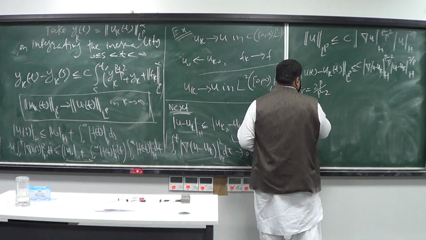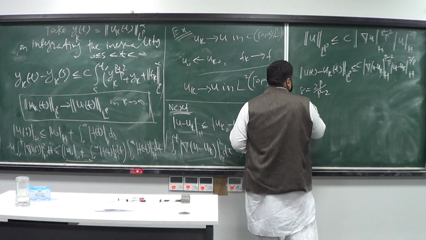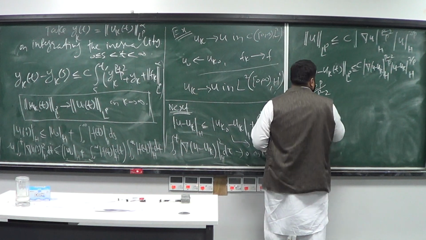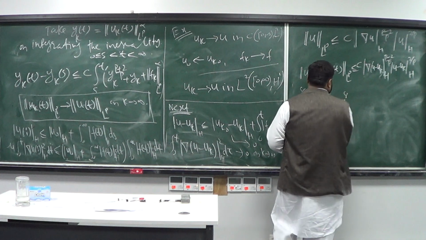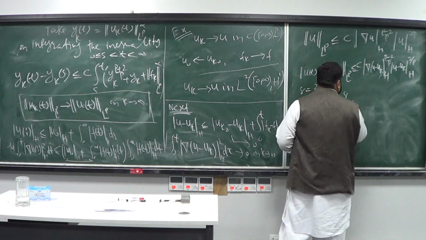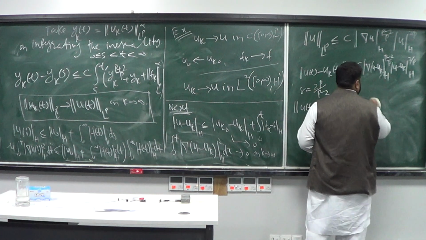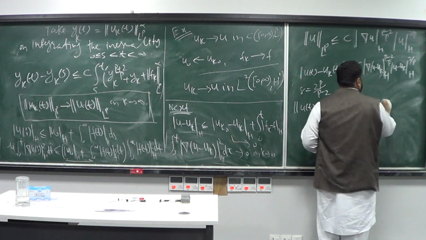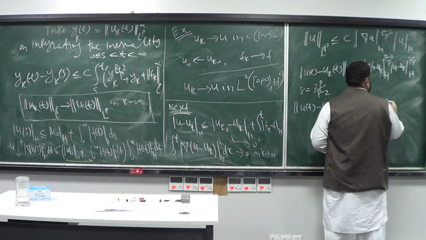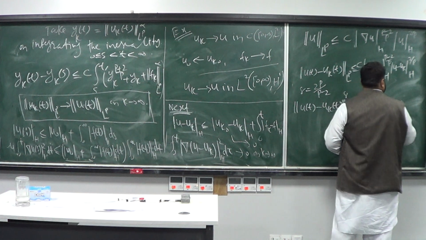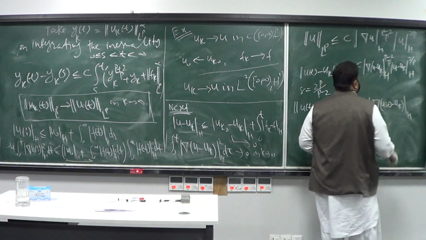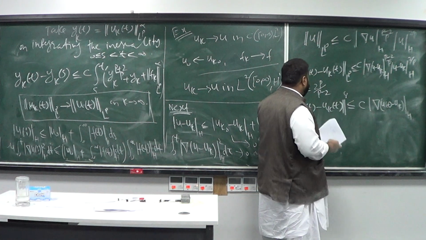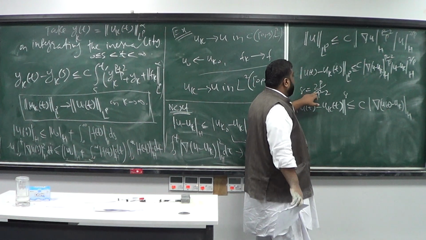So if I take u of t minus uk of t raised to this q, it is less than or equal to c times the gradient of u of t minus uk of t in H norm, to the power (p minus 2) over p multiplied by 2p over p minus 2.